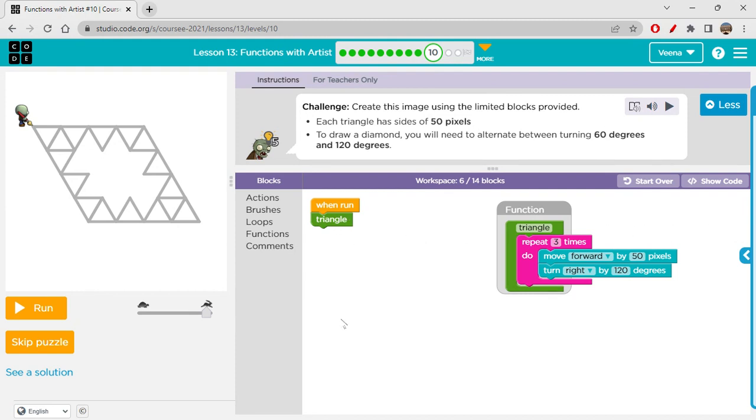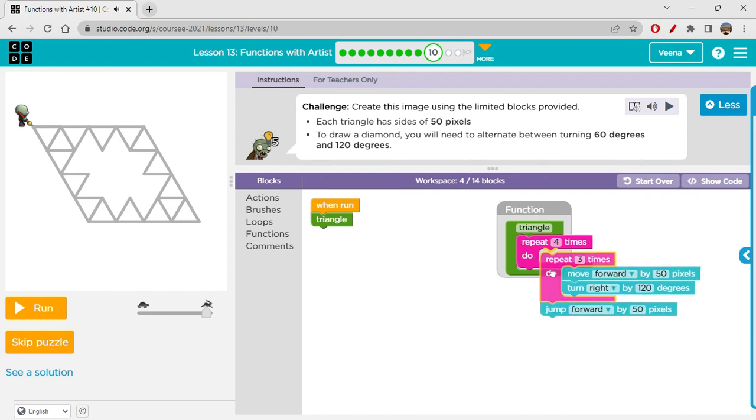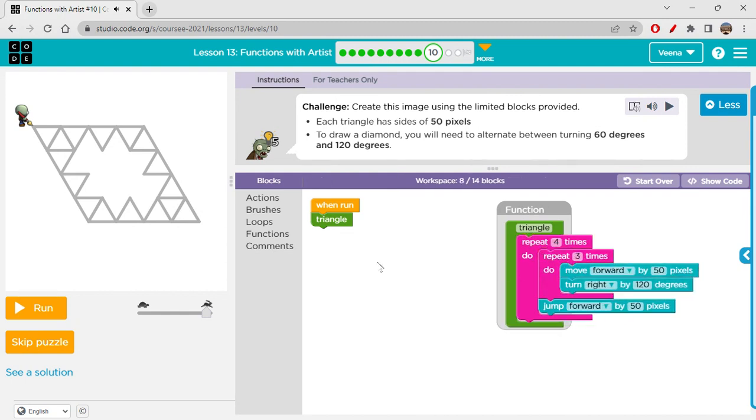Okay. So what I'll do is click on this, jump forward by 50 pixels. This has to be repeated one, two, three, and four times. I'll loop it here. So I'll place repeat four. Let's check it out now.